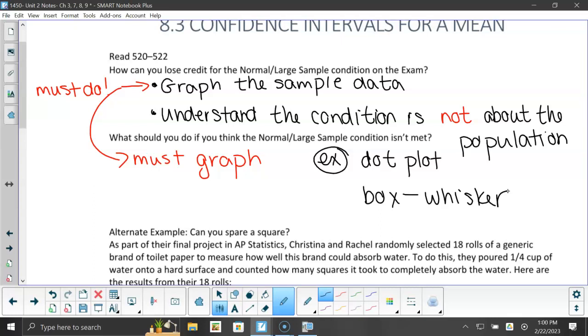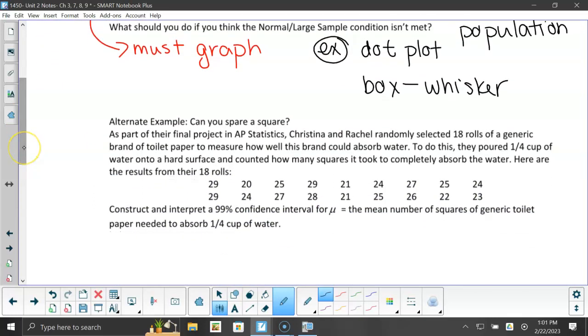Alright. So, this is kind of just the nitty-gritty. You need to actually graph your data to make sure it looks normal, especially if you are below 30 for a sample. Alright, so we have an example. This is 18 rolls of toilet paper. So I don't have enough, and that's where I have to graph it. We need to enter all of this into lists and spreadsheets.